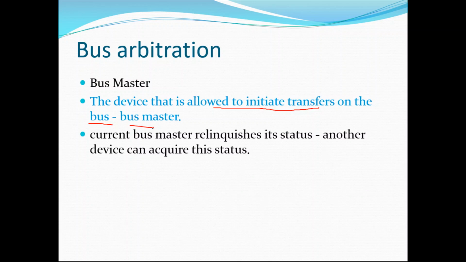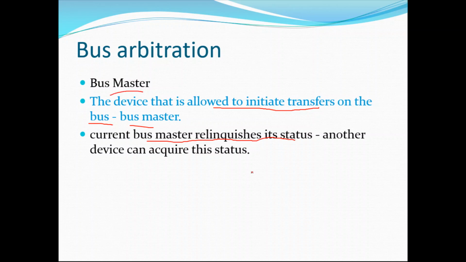If some other device wants to become the bus master, say currently the CPU or one of the DMA controllers is the bus master, then the current bus master should relinquish the bus, or relinquish its status as bus master.